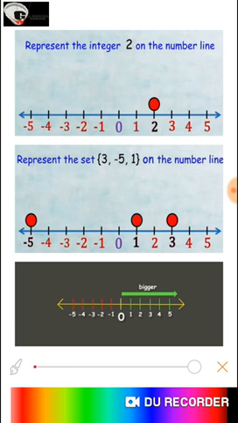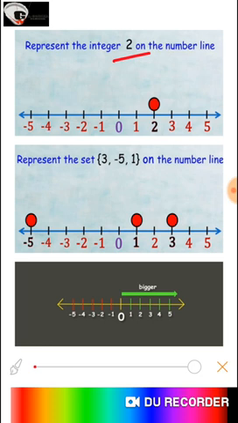Now you can see, since 2 does not have any sign before it, it automatically means that it is a positive integer. I told you that positive integers or natural numbers need not have a sign before them. If a number is without a sign, it means it is automatically a positive integer, except 0. 0 is neither a positive integer nor a negative integer.